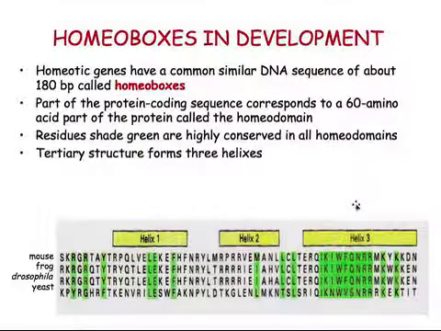This is just looking at the binding domain, these three helix domains in homeodomain proteins, across different species. So if you look at yeast or Drosophila, where they were initially discovered, and frog and mouse, and even human, then these regions are conserved. Okay, so it's looking at the amino acid sequence of these things.